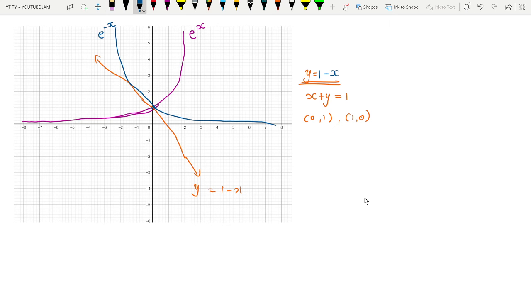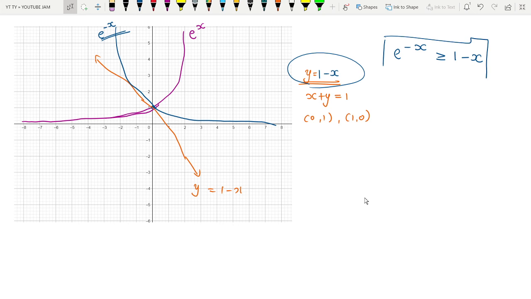So what you observe is that e raised to minus x is coming above 1 minus x for any value of x. So this result must be true from the graph.